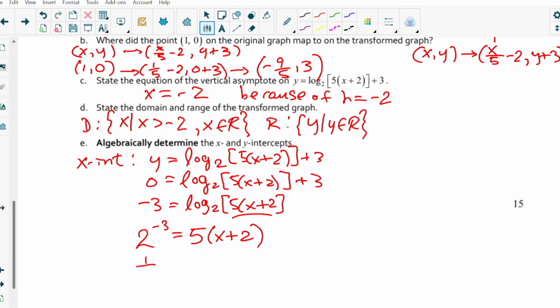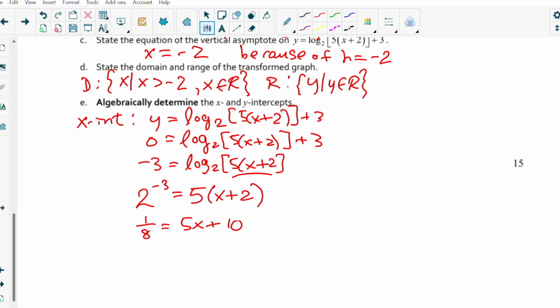So that's 1/8 equals 5x plus 10. Okay, so 10 is 80/8. That's negative 79/8 equals 5x. I'm going to divide both sides by 5.